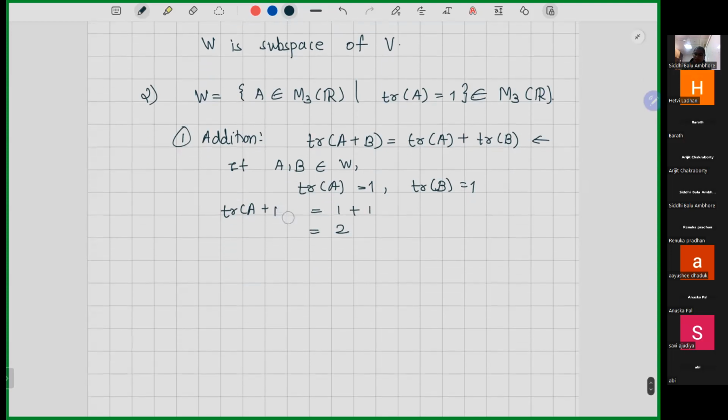So what can we say from this? Is A plus B belonging to W? Exactly. It's not a subspace because A plus B doesn't belong to W. Because what is W?